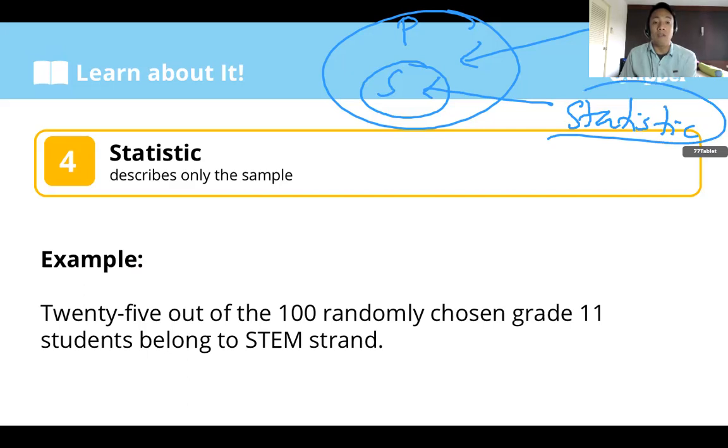Okay, just like 25 out of the 100 randomly chosen grade 11 students belong to STEM strand. The same thing with the parameter. Dito lang kasi ang kanyang concentration is in the sample only, hindi sa population. So, parameter and statistic are the same, but they're not equal. It's because in a statistic, it only concentrates or describes the sample. In parameter, it describes the population. Okay? Did you get it? Again, they're the same, but they are not equal.